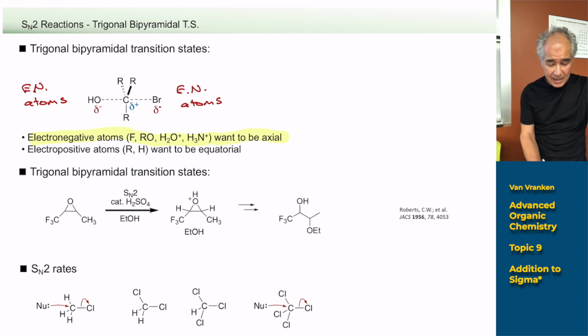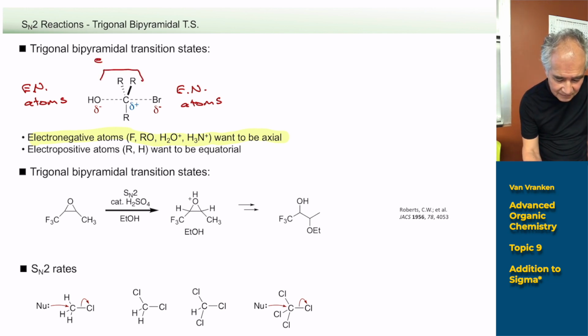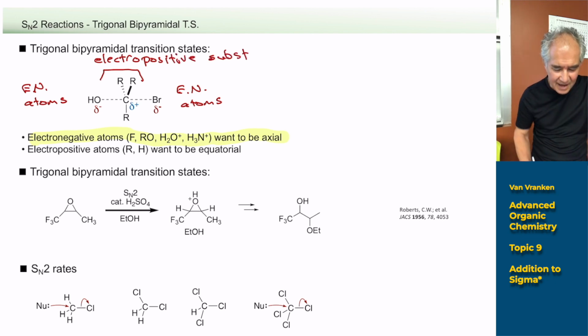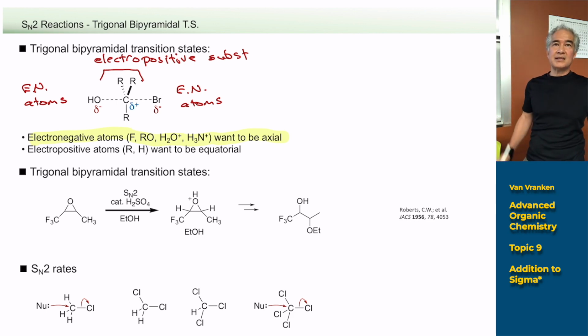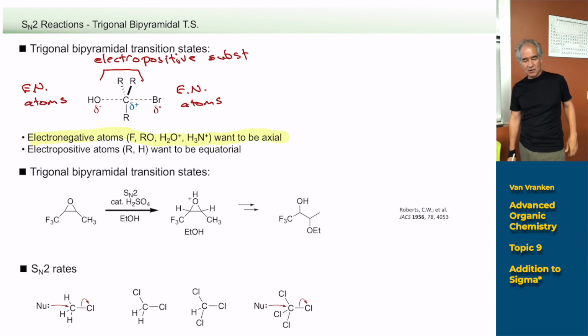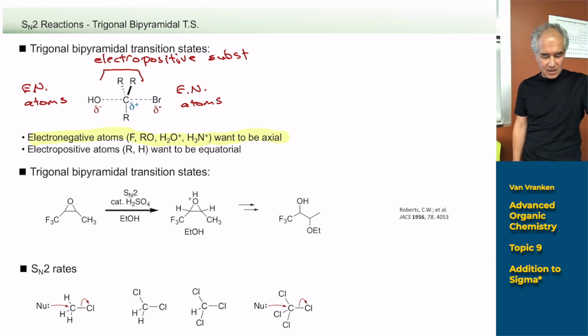But if you make any trigonal bipyramidal structure, you want to have the electropositive substituents attached to that center atom. Otherwise, it's stereoelectronically unfavorable. It's higher in energy to go through transition states that have electropositive substituents attached to that central carbon atom.